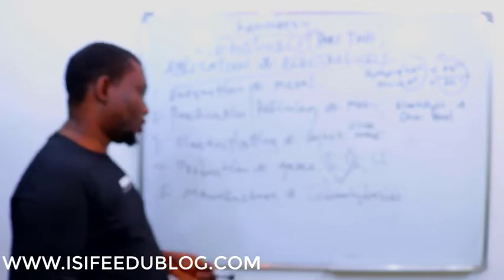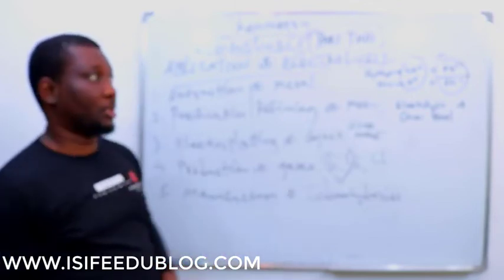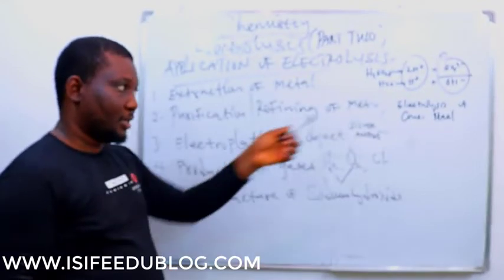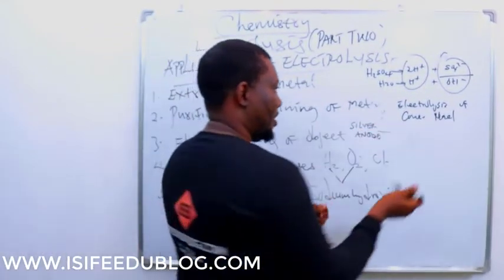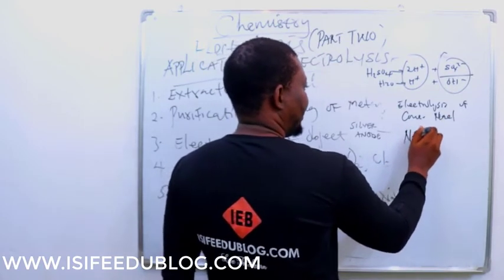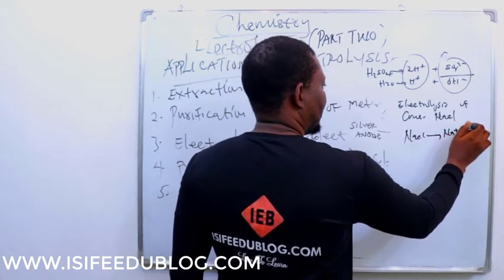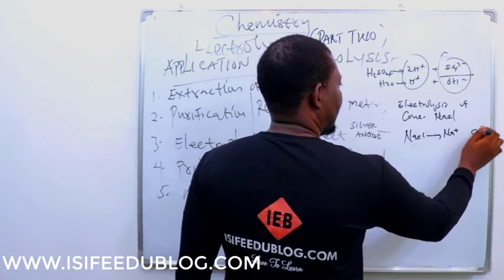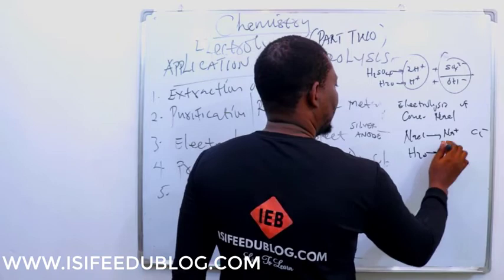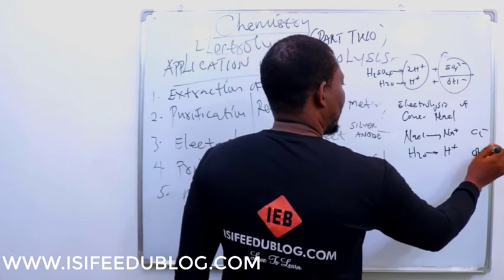You can also manufacture sodium hydroxide via electrolysis of this same thing again. If I'm electrolyzing concentrated sodium chloride, I have NaCl, Na+ and Cl-, and from H2O, H+ and OH-.